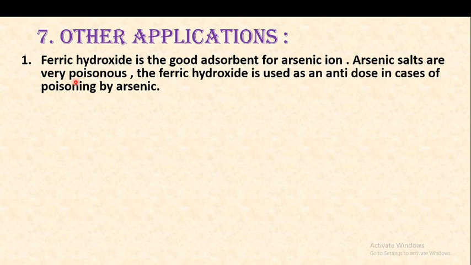Ferric hydroxide is used as an antidote in case of poisoning by arsenic, because it is a good adsorbent for the arsenic ion. Therefore, in the treatment of arsenic poisoning, we use ferric hydroxide as an antidote.